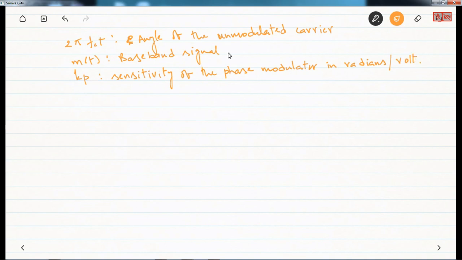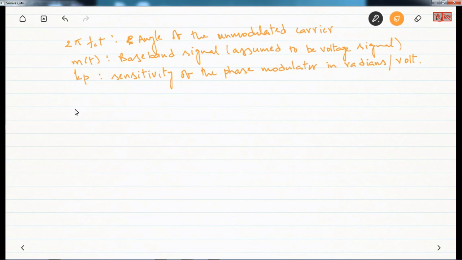So this baseband signal is assumed to be in volts. It is assumed to be a voltage signal. That's why this Kp is radians per volt.